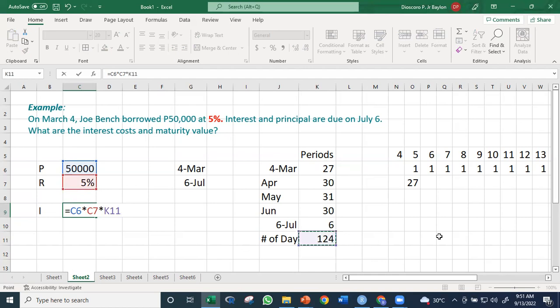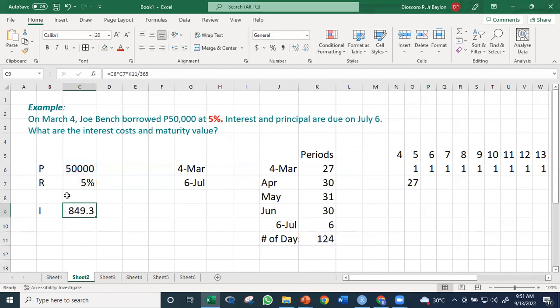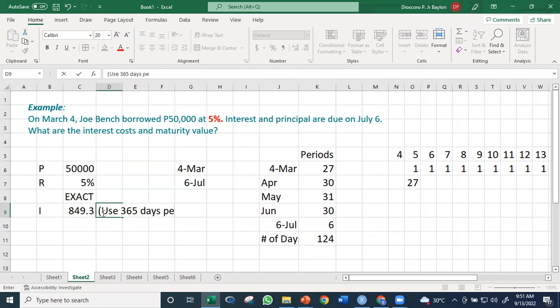Okay, and then we have to convert this into annual by dividing it by the number of exact days, 365. So this one is exact. Okay, so if it's exact, we use 365 days per annum.